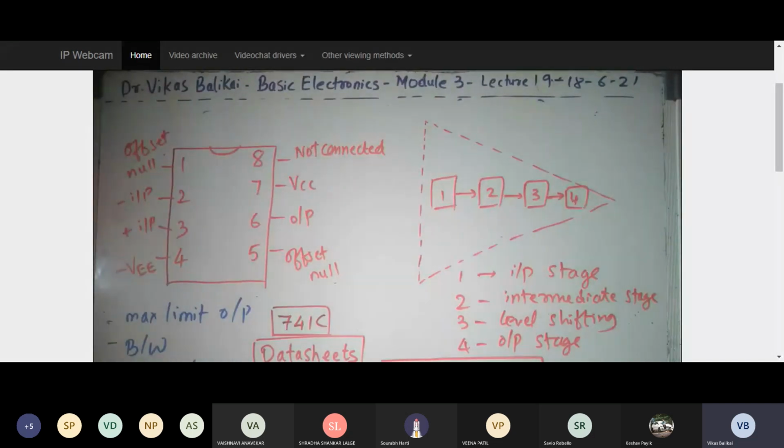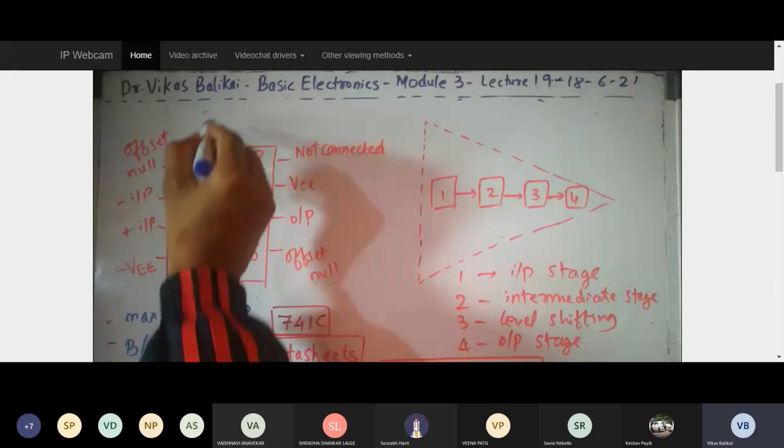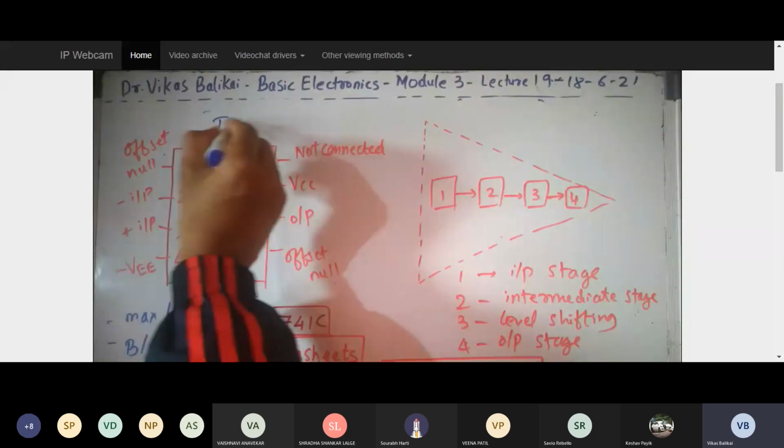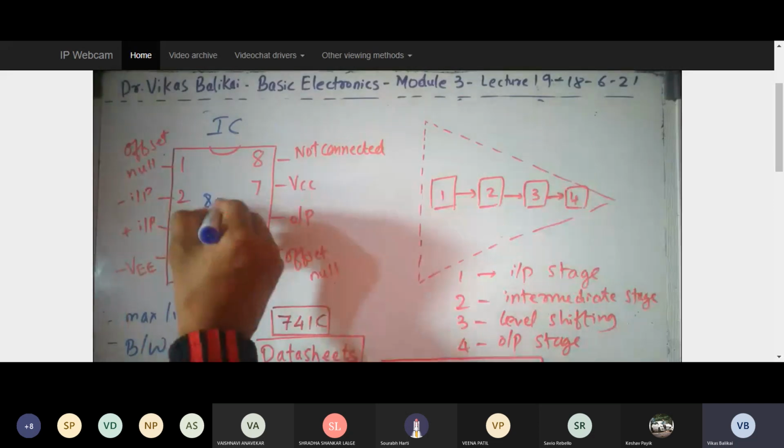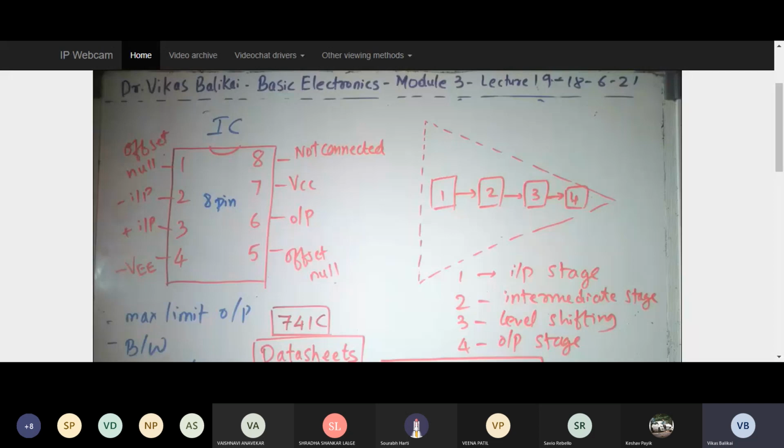Now here we'll move ahead and discuss some of the other aspects of operational amplifiers, typically in terms of its different characteristics. This was what I was talking about in the morning, the integrated circuit, the IC structure or the IC figure. This is an 8-pin IC, and an op-amp is an 8-pin IC, and each pin has been designated with different inputs and outputs.